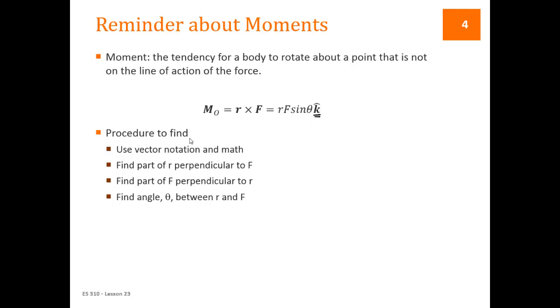There are several different possible ways of finding this moment. We can use this vector notation, so write out r in i, j, and k-hat components, write out F in i, j, k-hat components, and take that cross product.